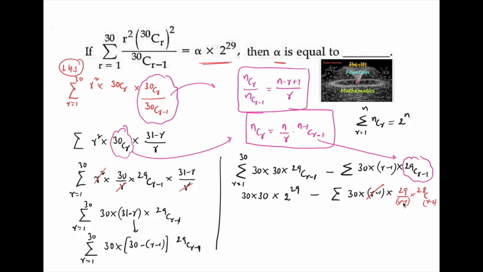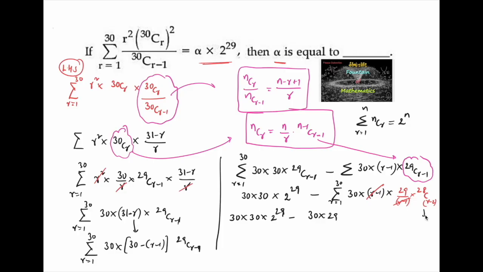So we can cancel this r minus 1. So we can write 30 into 2 power 29 minus 30 into 29 into the summation of 28c r minus 2, where r is equal to 1 to 30, but when r is equal to 1 it's not valid, so we can start from r is equal to 2.